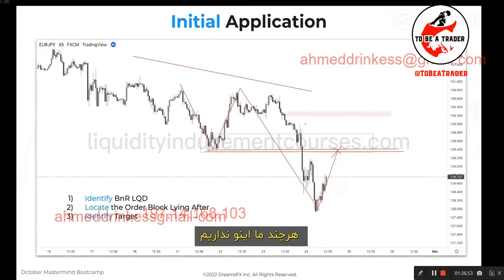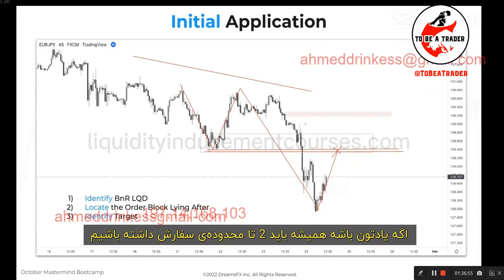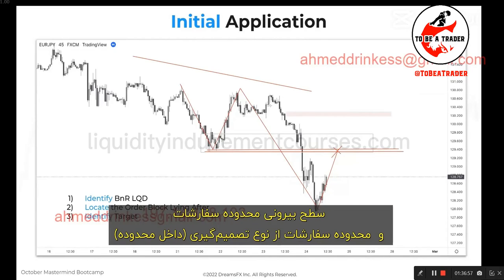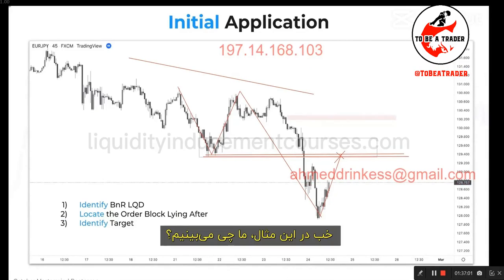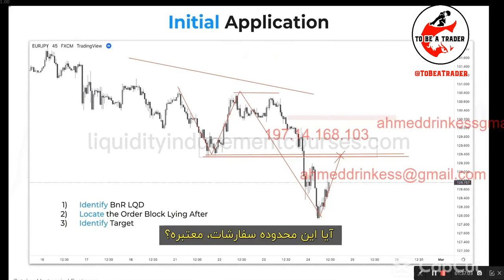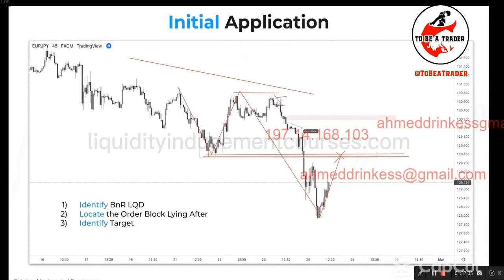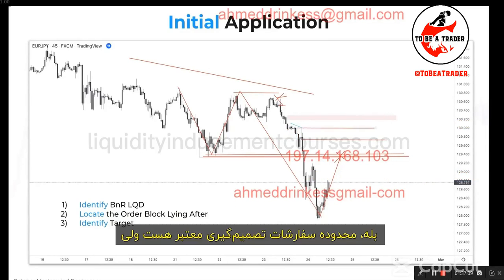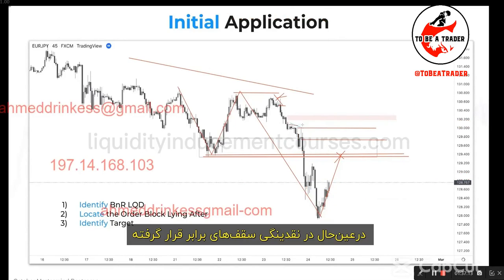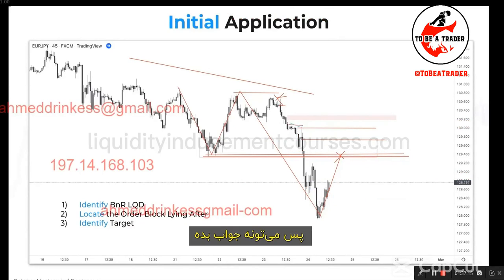We do have this. However, you're always going to have two order blocks, if you guys remember, an extreme and a decisional, right? So in this instance, what do we see? Equal highs. Is this a valid order block? No. Is this a valid decisional? This is a valid decisional, but it's also lying at equal high liquidity. So this could work, right?